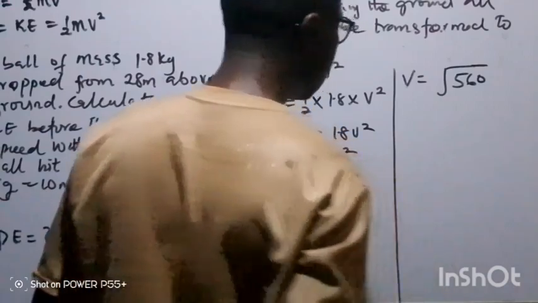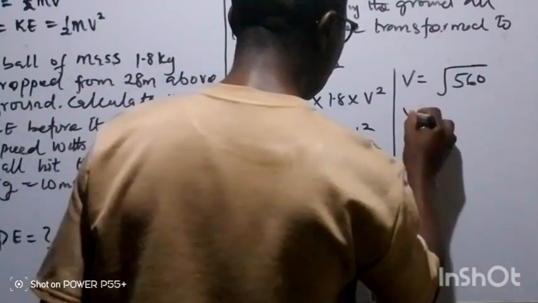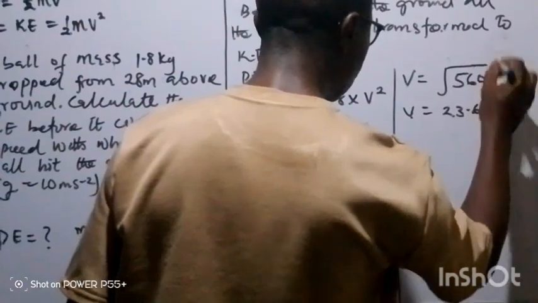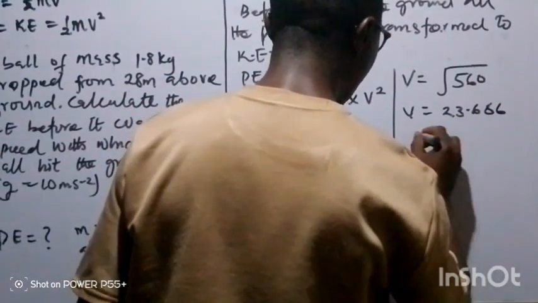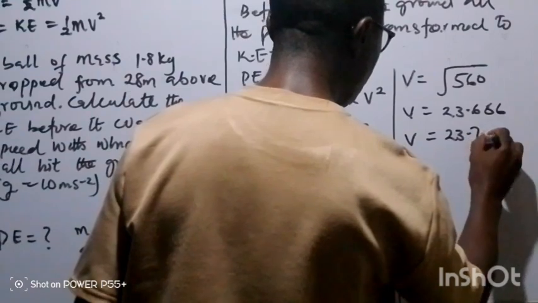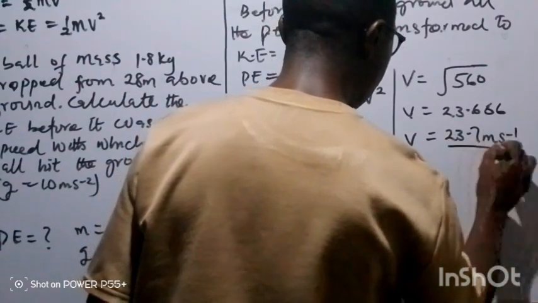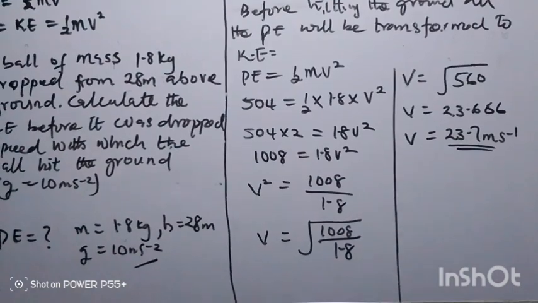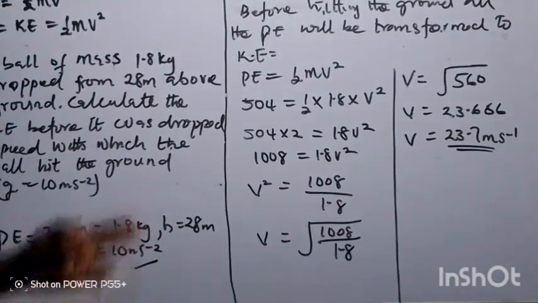And the square root of 560 will give us 23.666. Approximately, v will now be equal to 23.7 meters per second. That is the speed of the ball before hitting the ground.